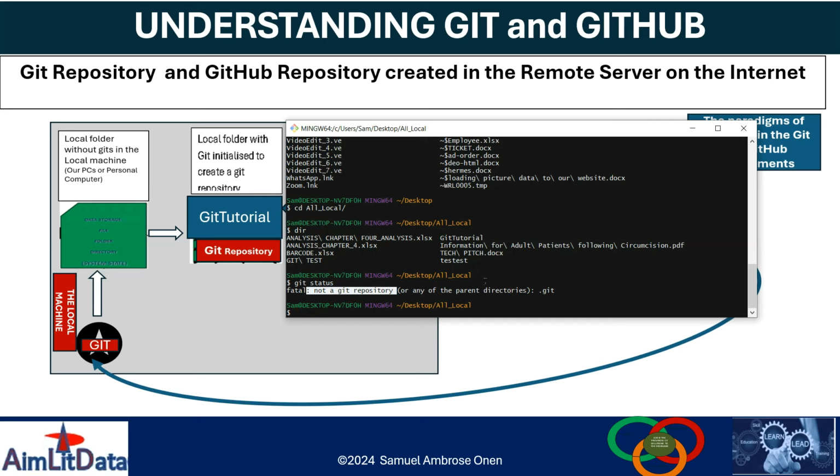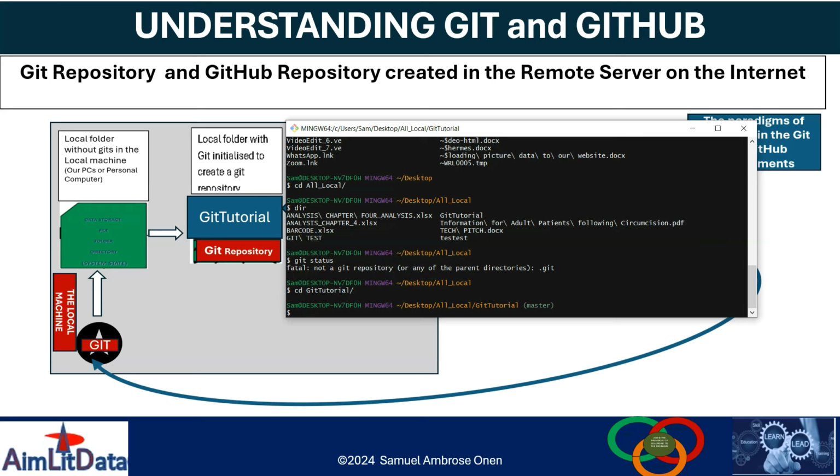So now we have the all_local folder, but we want to go inside the Git tutorial. So we need to change directory again to Git tutorial. I don't know whether it is case sensitive. Git tutorial, that's where we want to go. My friend, now you can see the changes.